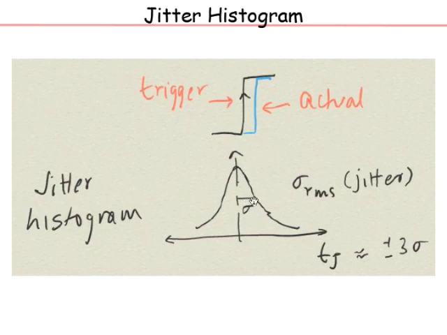Standard deviation is basically the average distance of the clock edge from the center. So that is sigma RMS. There will be some jitter number, and it will be in picoseconds.